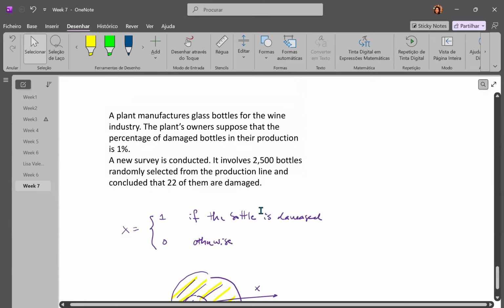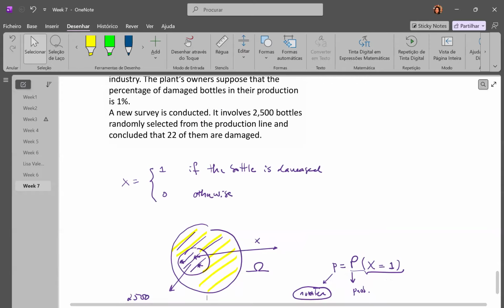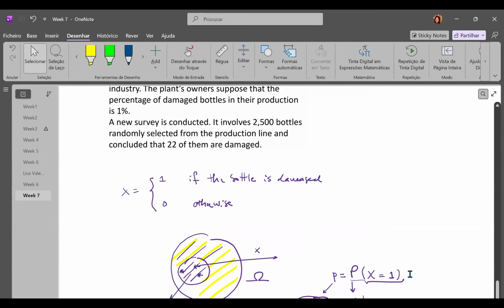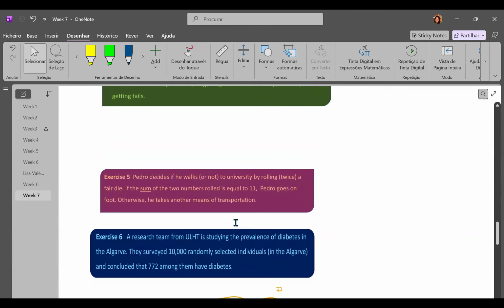So the point here is this number p, that is the probability of a bottle being damaged among the entire production, is an unknown number. We have no idea what the value is, right? And that's the difference between this exercise, and exercise 5.